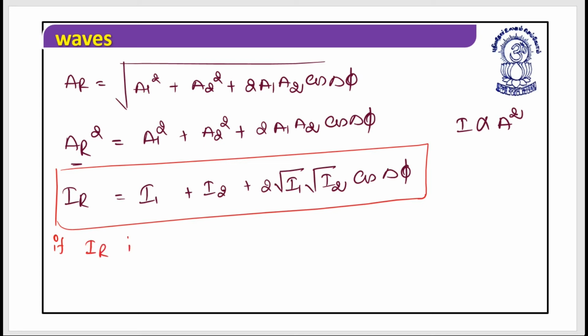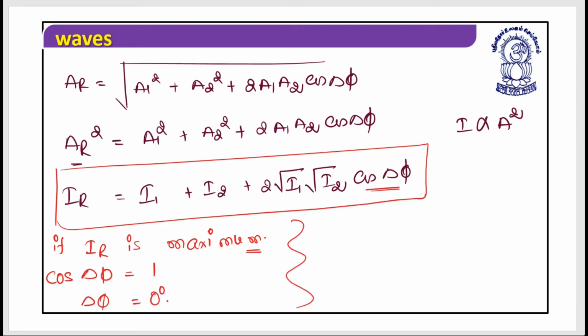Now, if the resultant IR is to be maximum, how is this possible? If I want the resulting intensity to be maximum, then cos of delta phi should be 1, and if cos delta phi equals 1, then the phase difference between these two would be 0 degrees. This is one case.